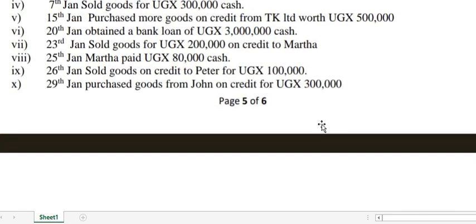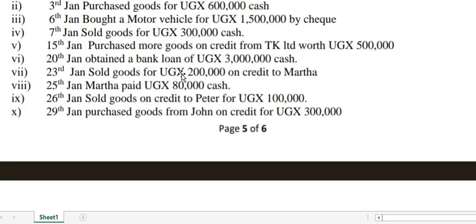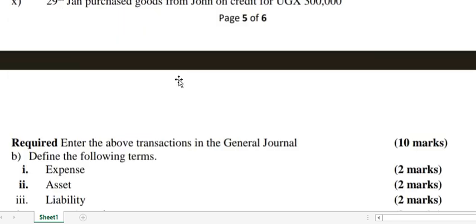Then on 15th January, purchased more goods on credit from TK Limited worth Ugandan shillings 500,000. So in this case, we are purchasing goods. This is on 15th.